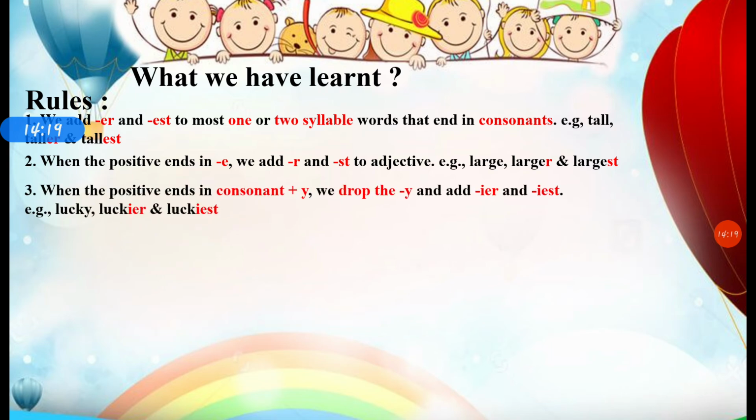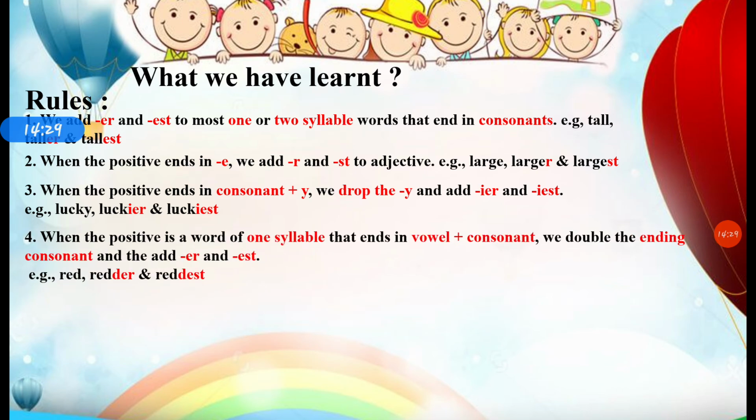When the positive ends in consonant plus y, we drop y and add ier and iest. Example: lucky, luckier, and luckiest. When the positive is a word of one syllable that ends in vowel plus consonant, we double the ending consonant and add er and est. Example: red, redder, and reddest.